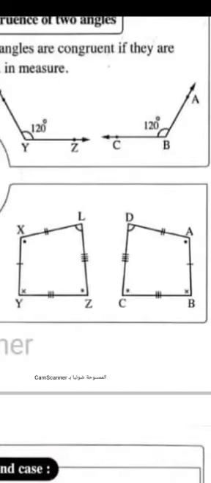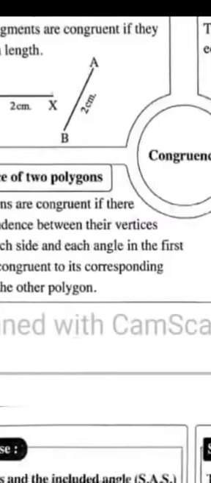For example, AB equal XY, BC equal YZ, CD equal ZL, AD equal XL, and all angles in the first equal all angles in the second. Angle A equal angle X, angle B equal angle Y, angle C equal angle Z, and angle D equal angle L. So all sides in the first equal all sides in the second, and all angles in the first equal all angles in the second in measure. So these two polygons are congruent. Okay?